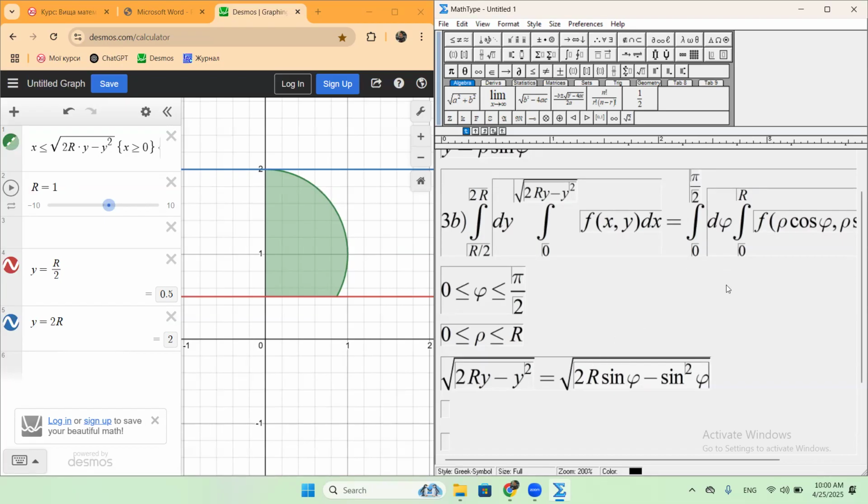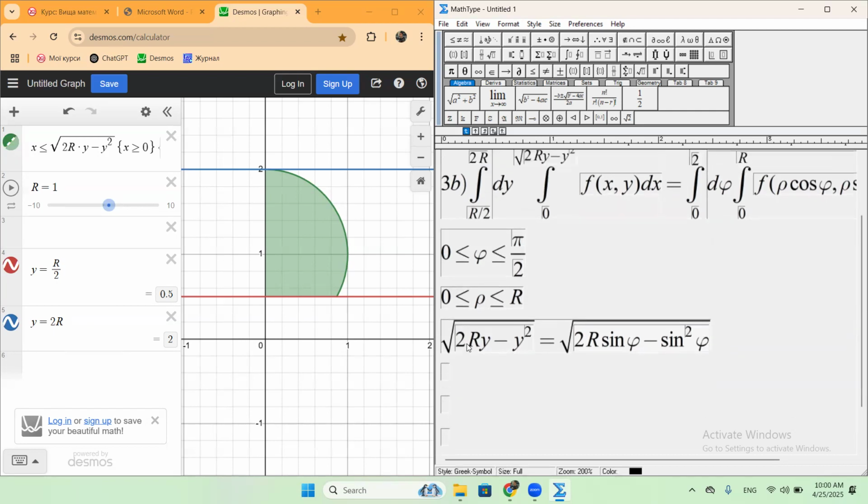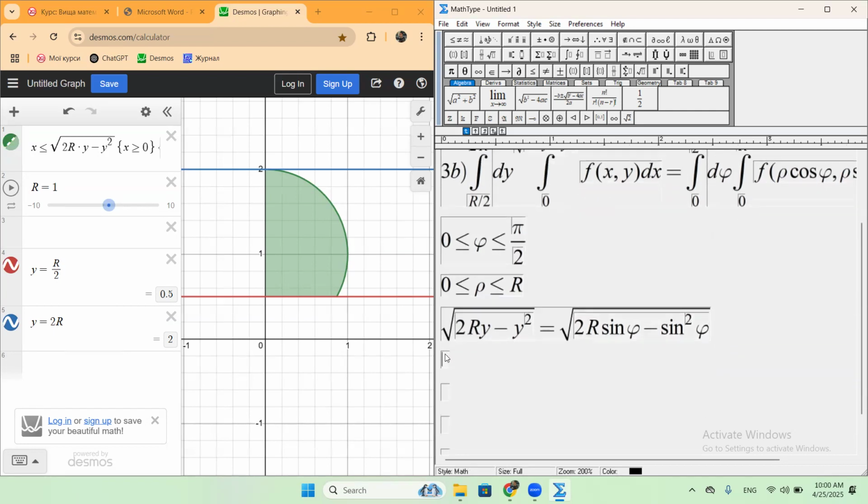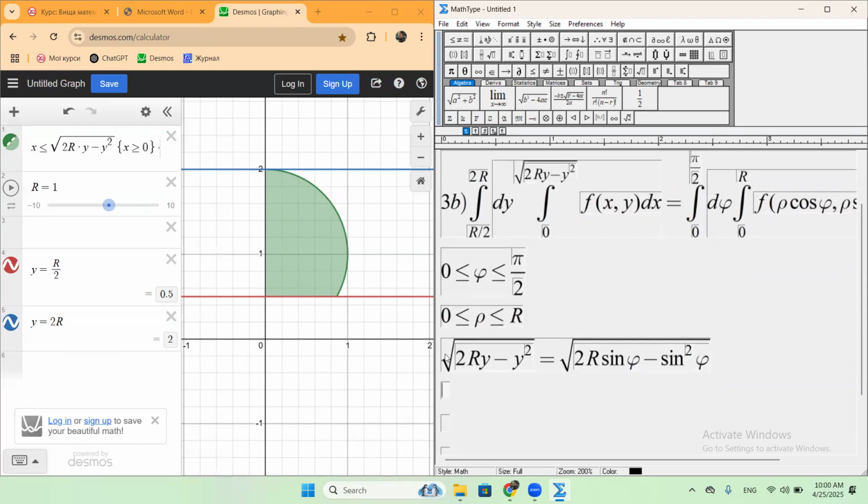So what does it mean actually? And we need to solve the following double inequalities. So y will be between these values.